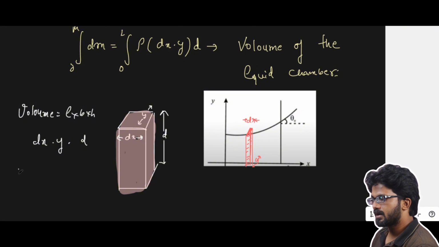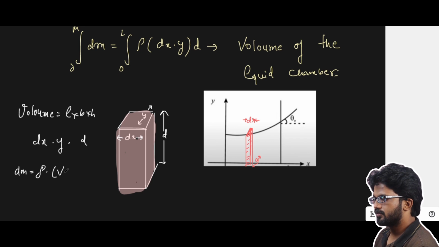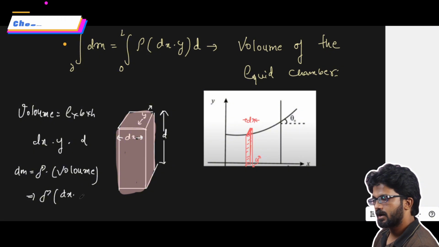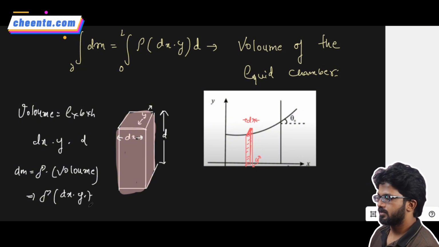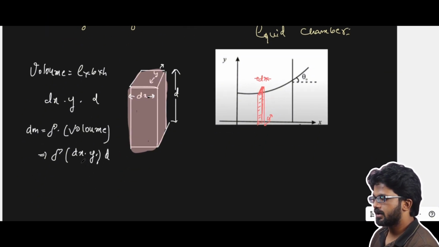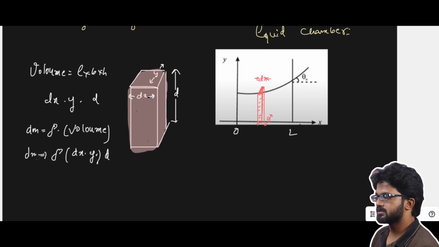The mass dm is calculated as the density rho times the volume, so dm is rho times dx times y times d. We are going to integrate it from 0 to, let's say, L. So this dm mass is computed over 0 to L length.